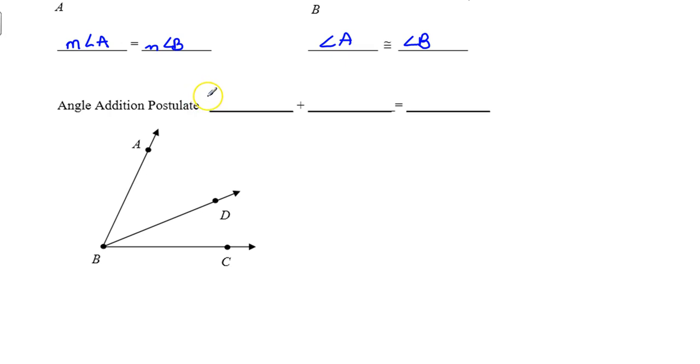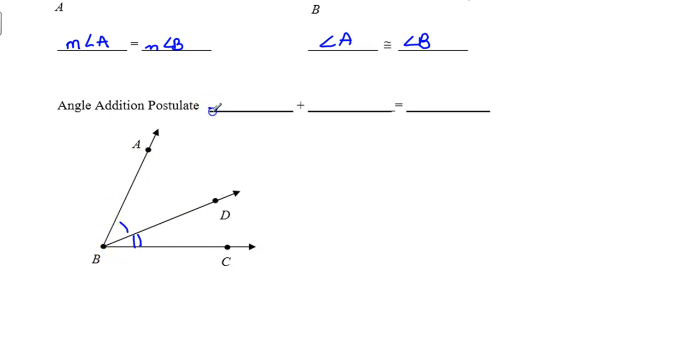Just like with segments, we can take the parts and add them together to equal the whole. And with angles, we can do the same thing, the angle addition postulate. So to mark these two different angles here, this angle here, which is ABD, and this angle here, which would be DBC, those are going to add together to be angle ABC.